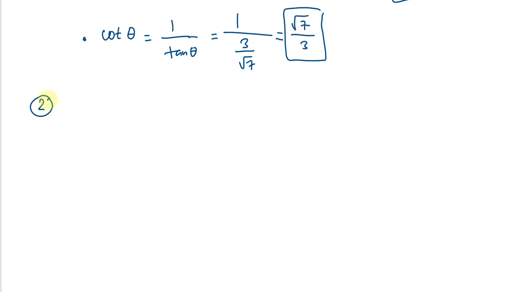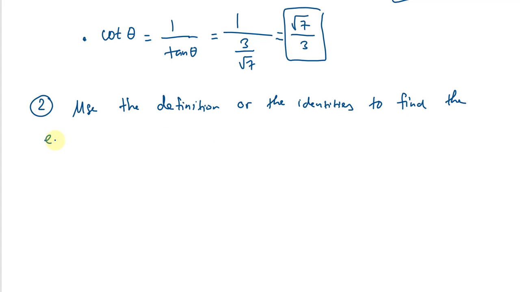Simple. The second one, okay, they ask you to use the definitions or the identities to find the exact value of the remaining 5 trig functions.